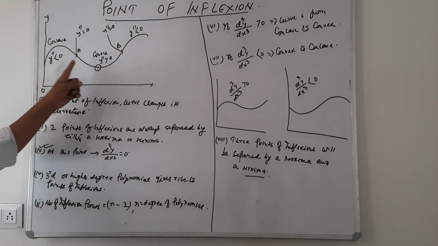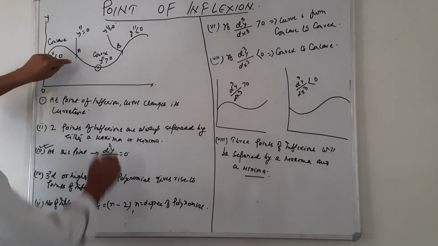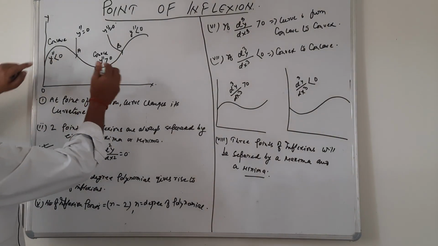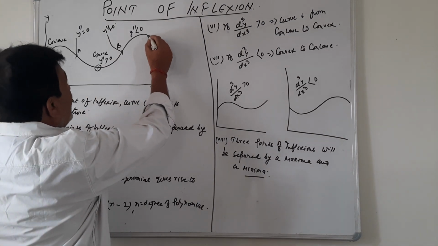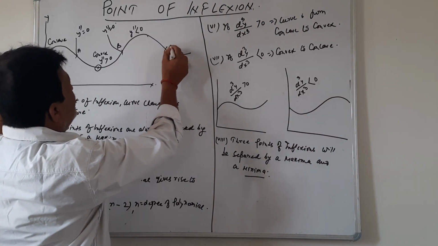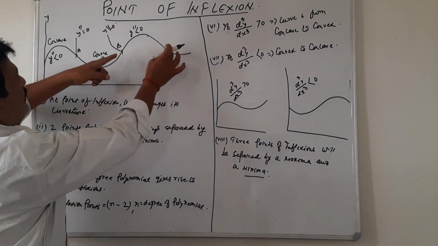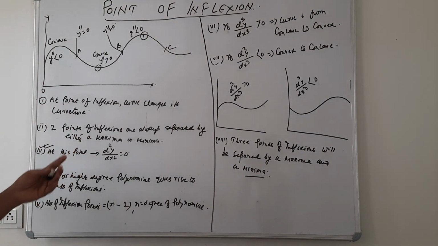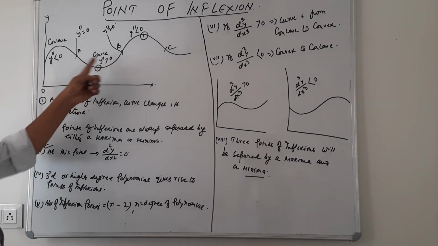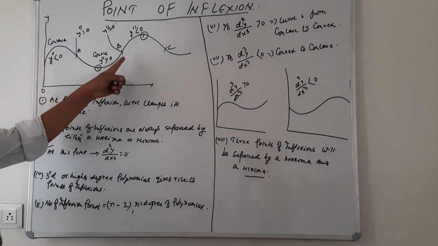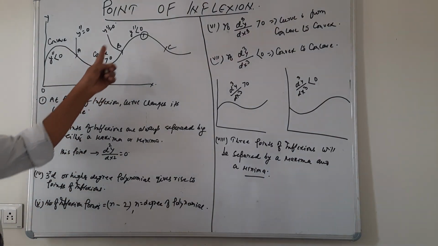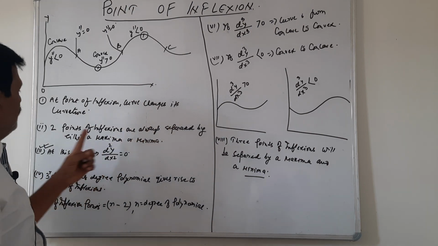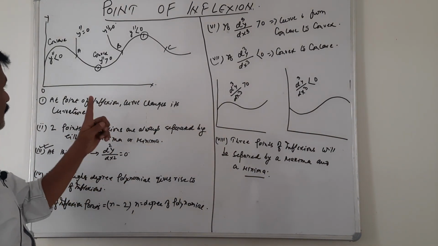Now, it is to be seen that these 2 points of inflection are separated by a minima, or had it been another point, then these 2 points are separated by a maxima. So it now becomes a rule that 2 points of inflection are always separated by either a minima or a maxima.